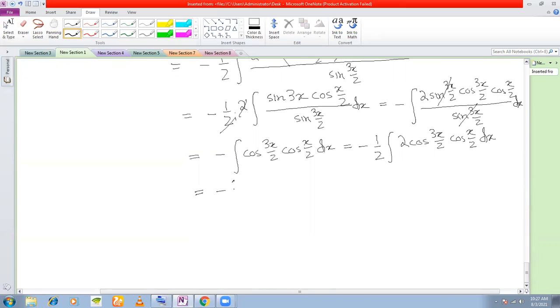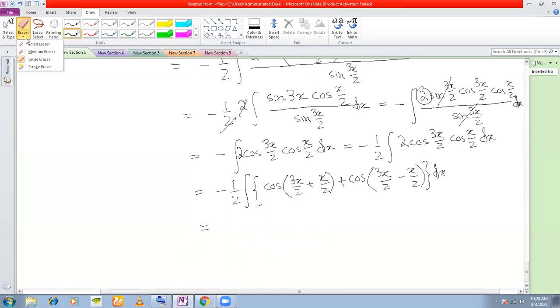Which is equal to minus integral, 2 cos A cos B is cos A plus B plus cos A minus B. Oh, I already had a 2 here, so I don't need to take this half, since I have a 2 here.